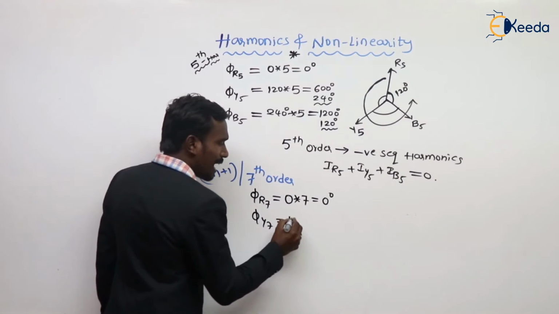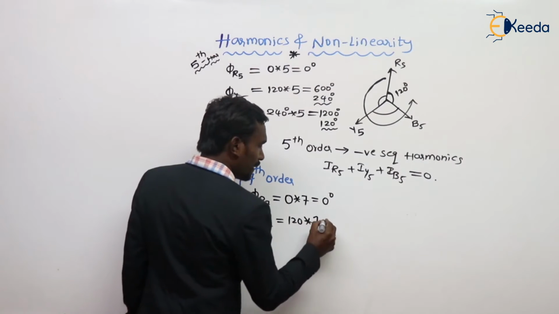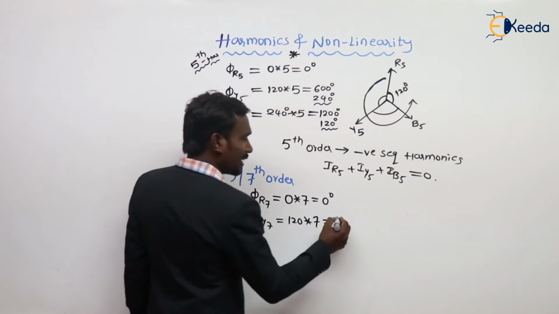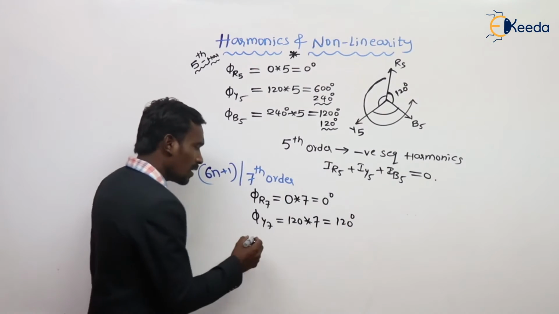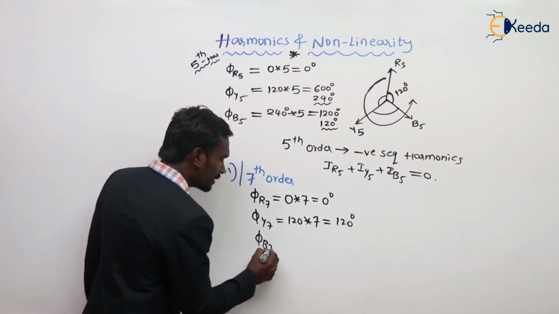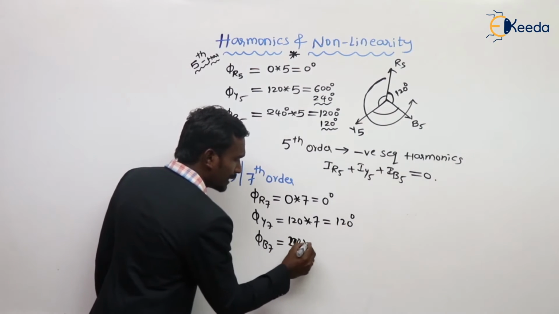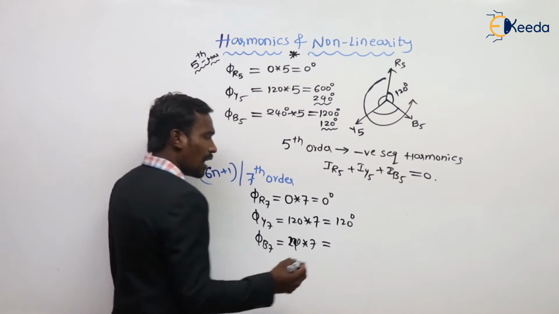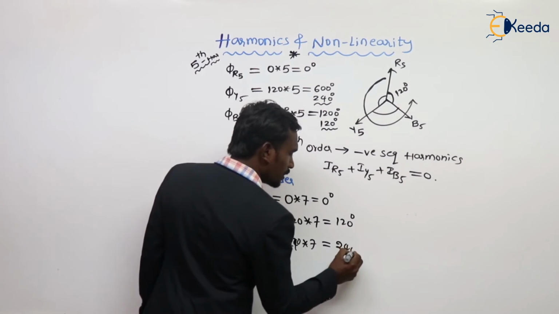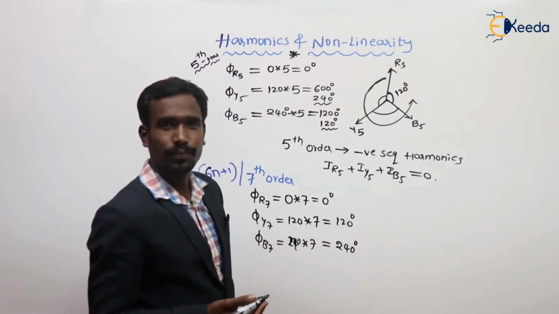Actually Y phase fundamental is 120 degrees, but now multiplied with 7. If you calculate this, you get 120 degrees only. And B phase, 240 multiplied with 7. If you calculate, after the complete solution, you get 240 degrees again.